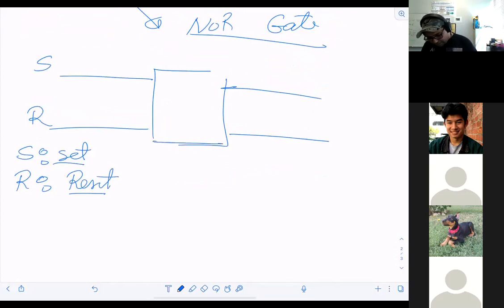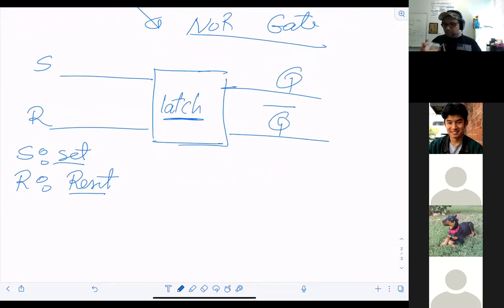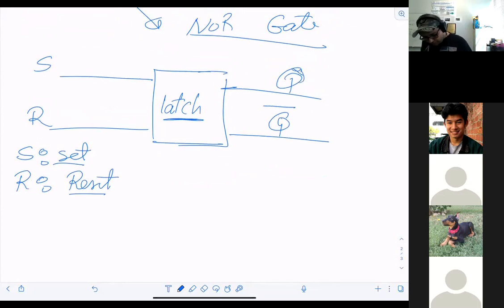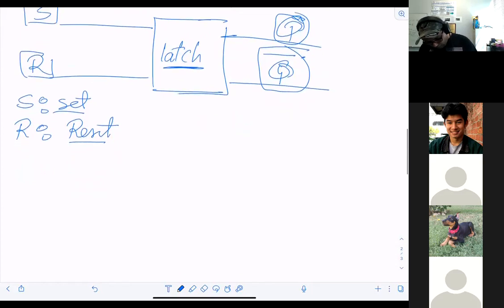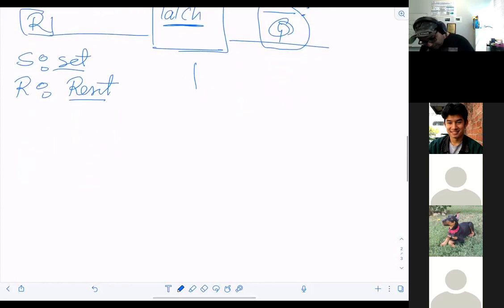And that's called a latch. The outputs are Q and Q complement, and the inputs are set and reset. That makes sense?